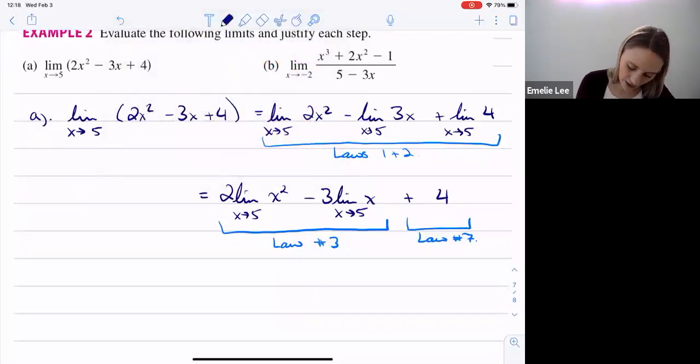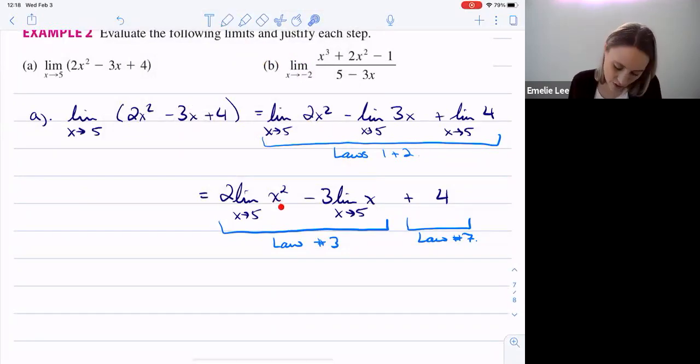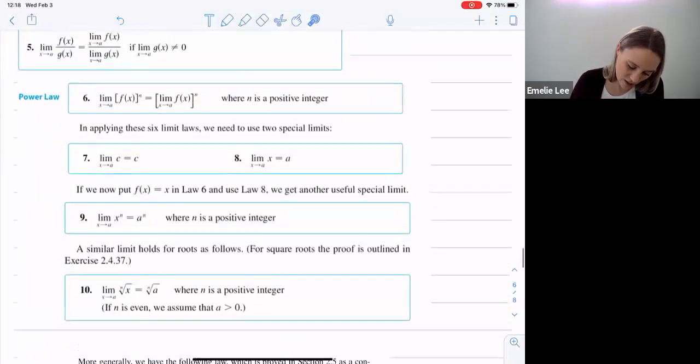So x squared is the same as x, so f of x equals x, and then that to the power of 2, right? But then we extended that to another law.